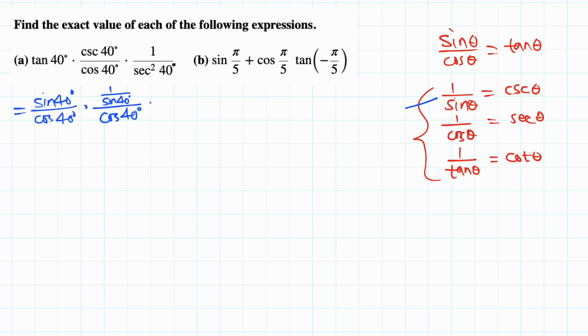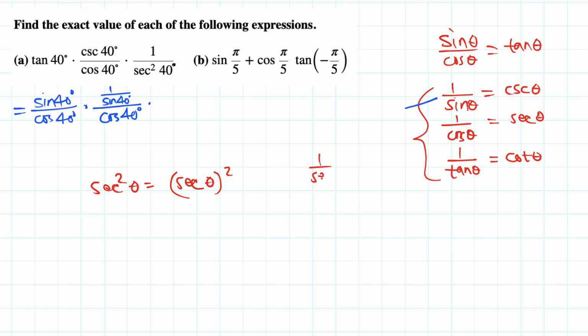And here, times 1 over secant squared. The squared here, secant squared theta, is in fact secant theta quantity squared. This is the shorthand notation. So this is 1 over secant squared.